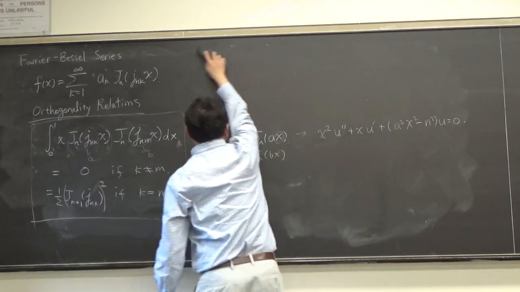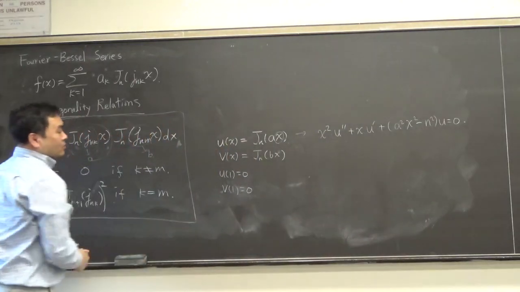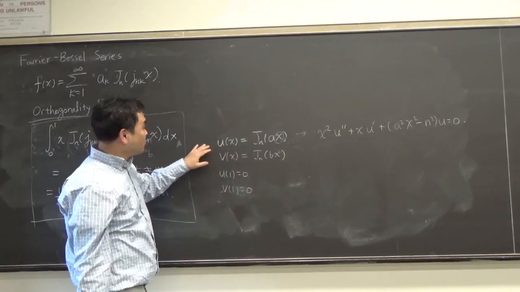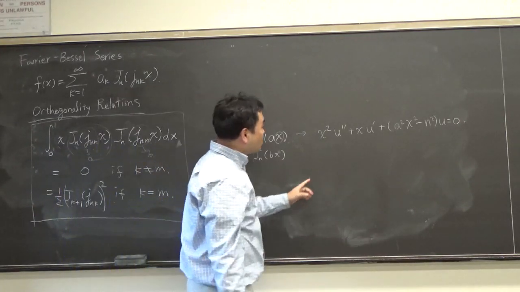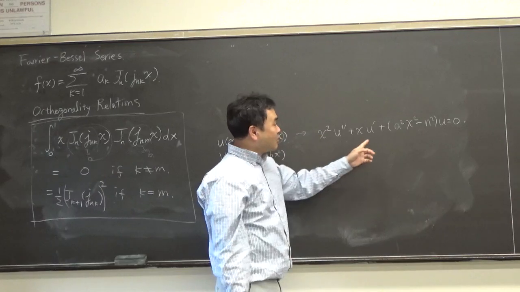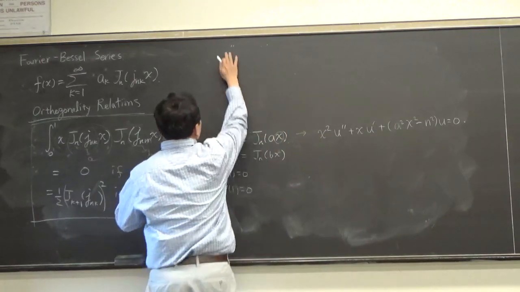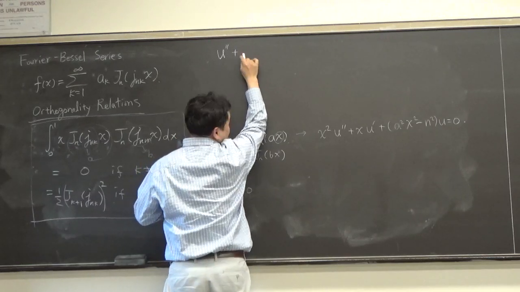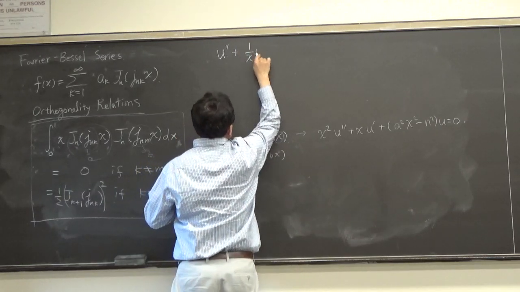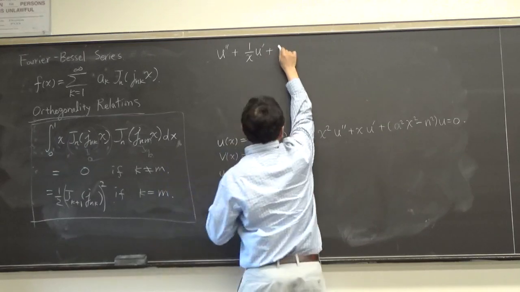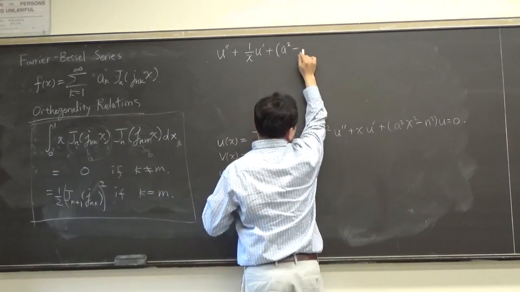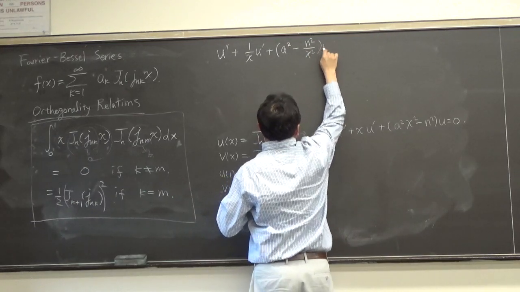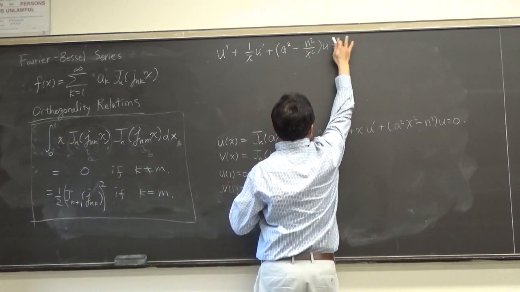And the same thing happens for v. So let's write down the equations for u. Now I'm going to divide everything by x squared and rewrite it as u double prime plus 1 over x u prime plus a squared minus n squared over x squared u equals 0.